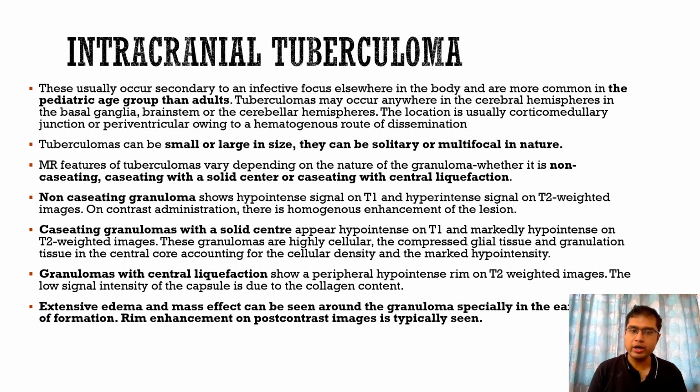Caseating granulomas with a solid center appear hypointense on T1 and markedly hypointense on T2, as was in this particular case, and they are highly cellular, and that accounts for their hypointensity. Granulomas with central liquefaction show a peripheral hypointense rim as compared to a non-caseating granuloma on T2 weighted images.